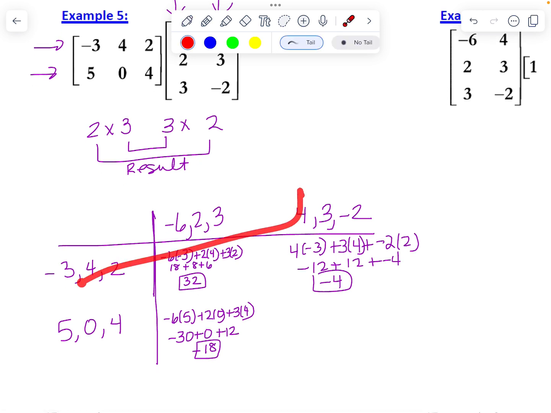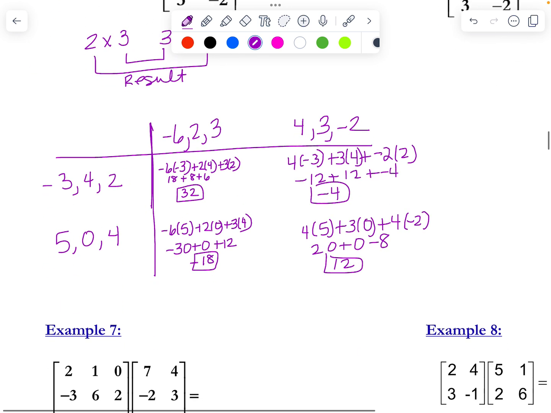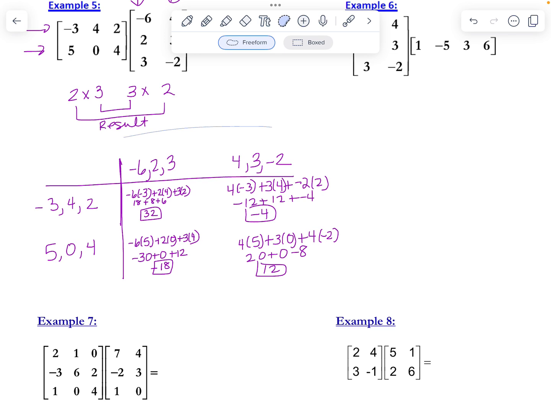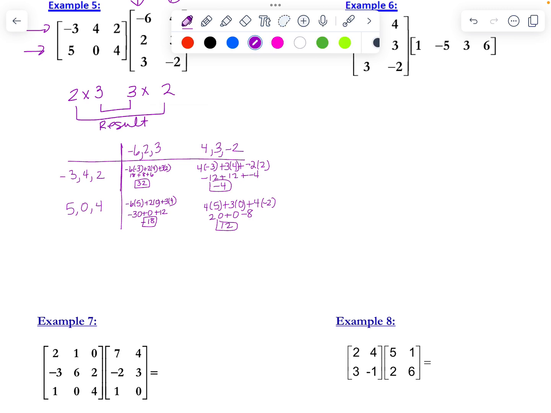Again, remember, 4 times 5 plus 3 times 0 plus 4 times negative 2. 20 plus 0 minus 8, which is going to give me 12. So my new matrix is going to be 32, negative 4, negative 18, and 12.